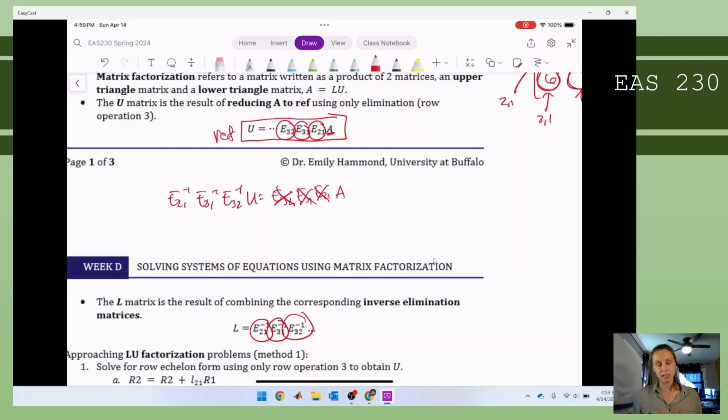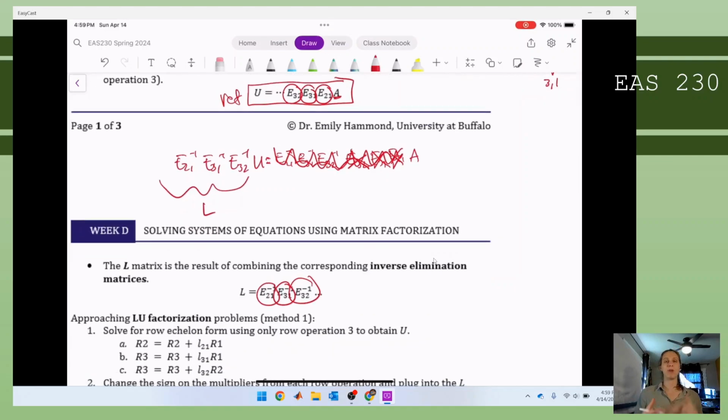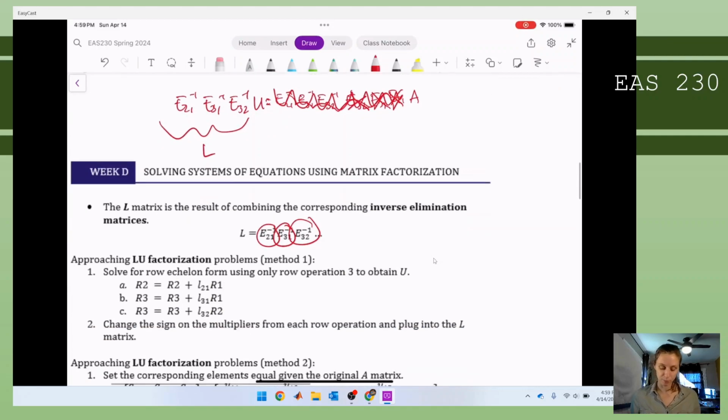I'm multiplying both sides by those inverses, but as you know, with matrices, order matters. So it's E32 inverse, E31 inverse, and E21 inverse. So these all cancel each other out, and A equals this times U. And we will look at an example of how this plays out in class.